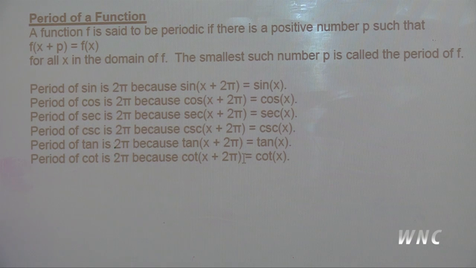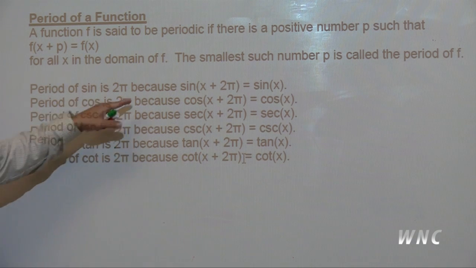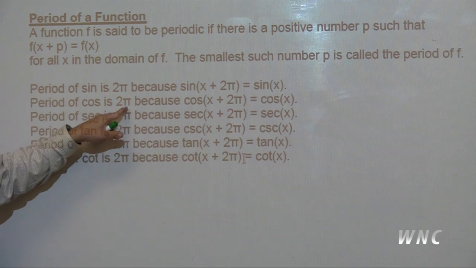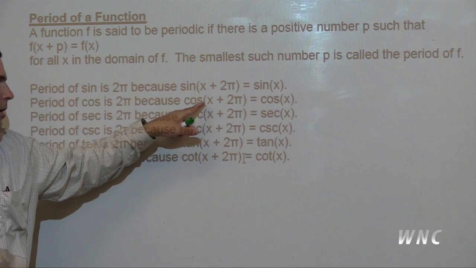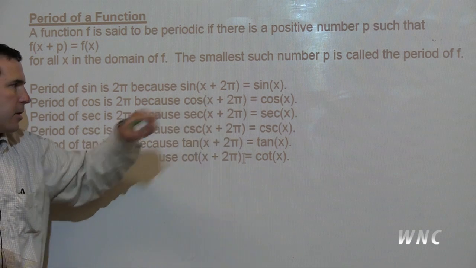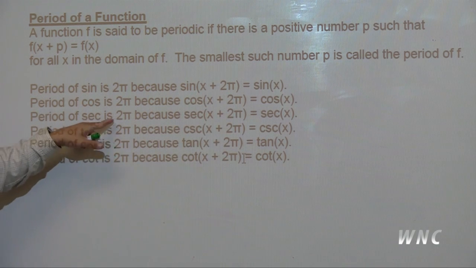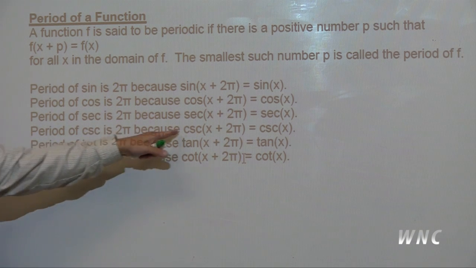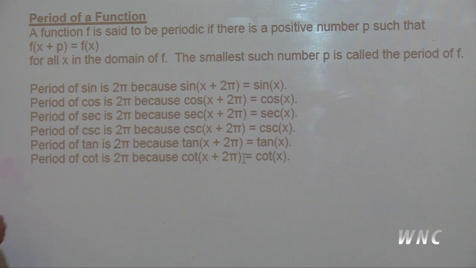So the period of sine is 2 pi because sine of x plus 2 pi is sine of x. The period of cosine is 2 pi because cosine of x plus 2 pi is cosine of x. The period of secant is 2 pi. Secant of x plus 2 pi is secant of x. Same thing for cosecant. Now here's the mistake.